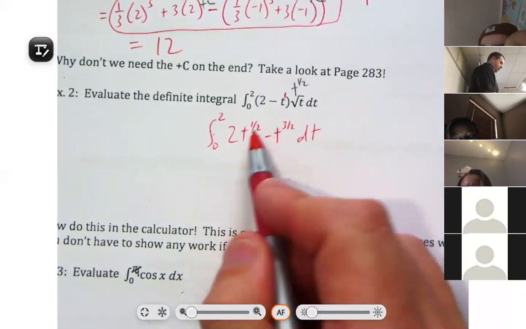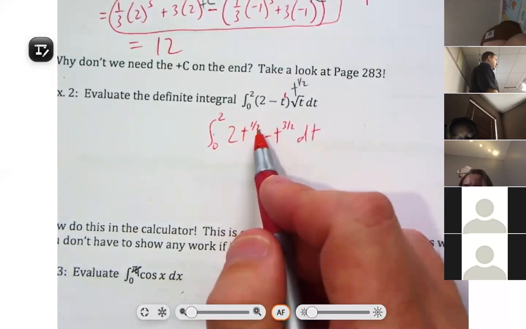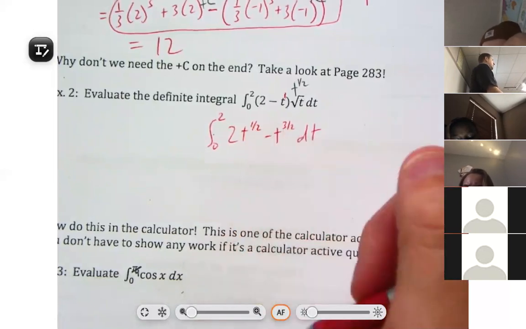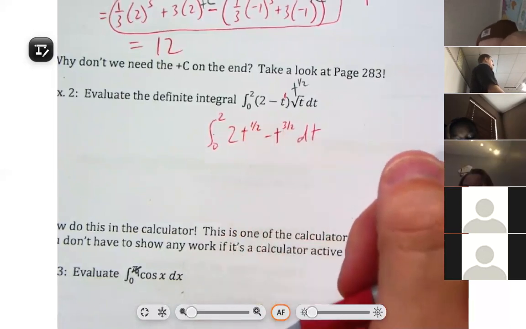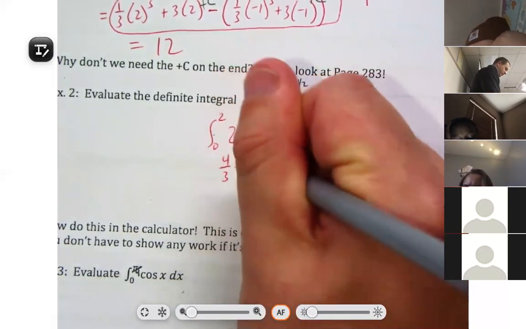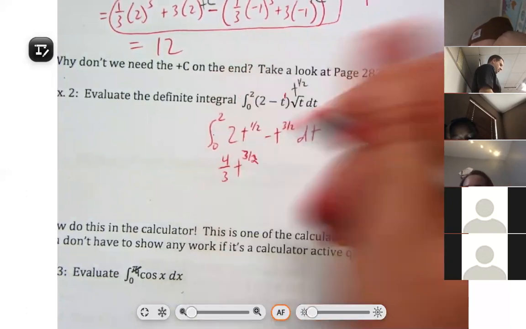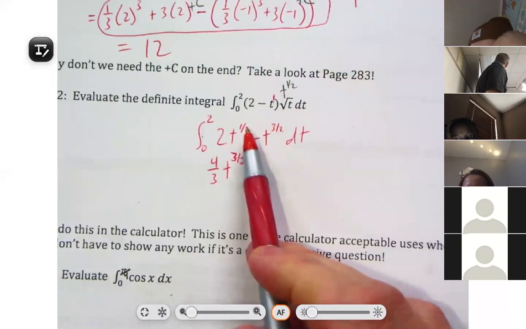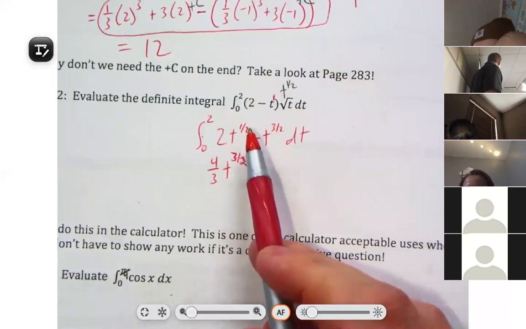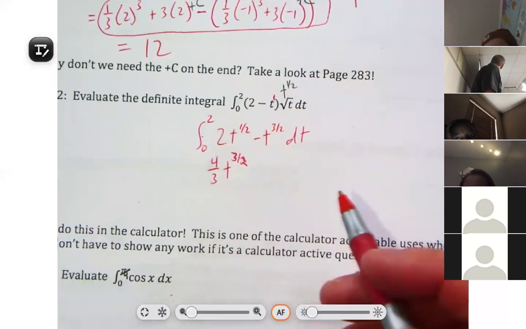So I bump this up to 3/2 and then divide by 3/2, which is like multiplying by 2/3. 2 times 2/3 is 4/3. That's a lot of mental math. But basically, I bumped the 1/2 up to 3/2, divided by 3/2, so I multiplied by 2/3 instead, got 4/3.